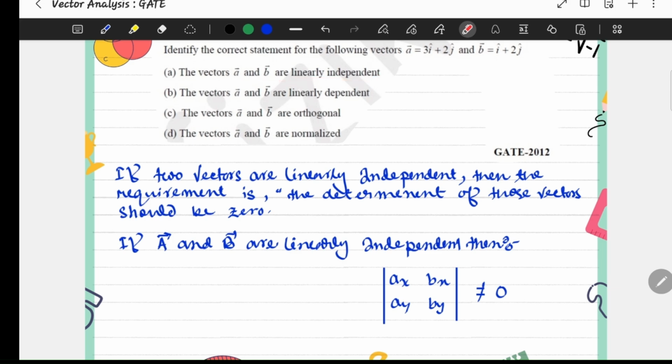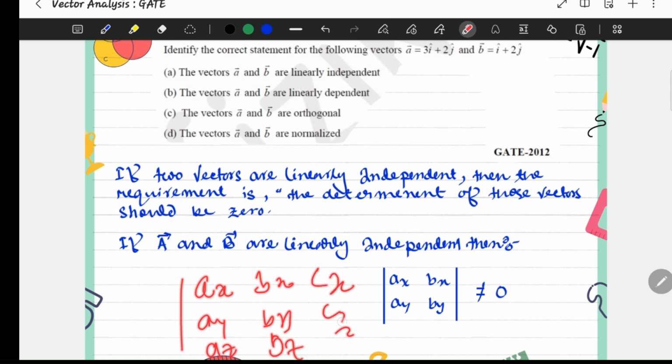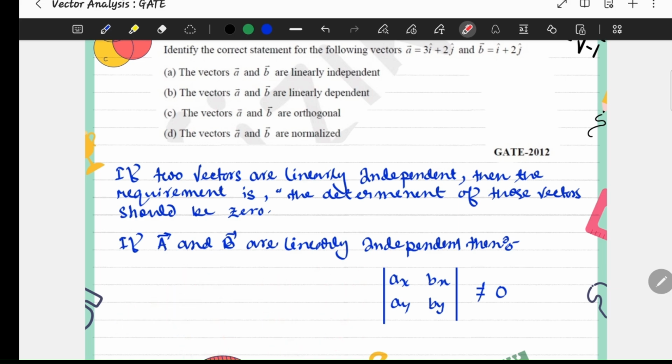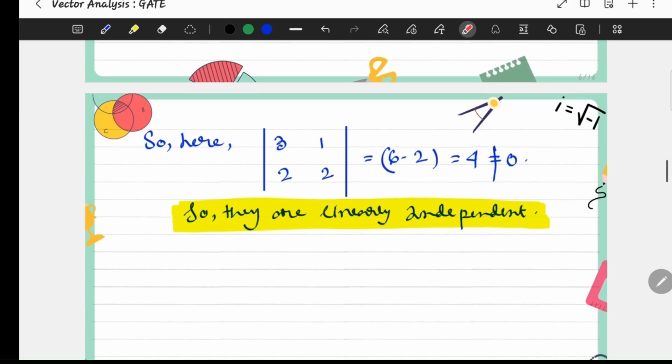As simple as that. So if any vectors are given a, b, c, d, whatever it is, just write them down in columnar form. Suppose ax, ay, bx, by, and if there is another component, bz, cx, cy, cz. Just find out the determinant. If it is not equal to 0, then we can say it is linearly independent. As simple as that.